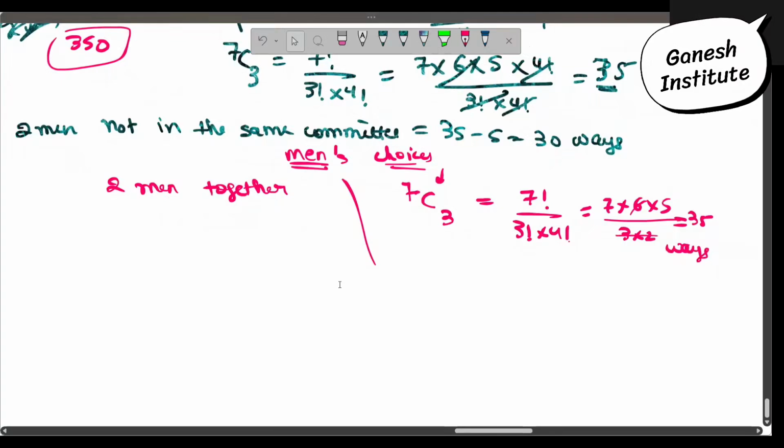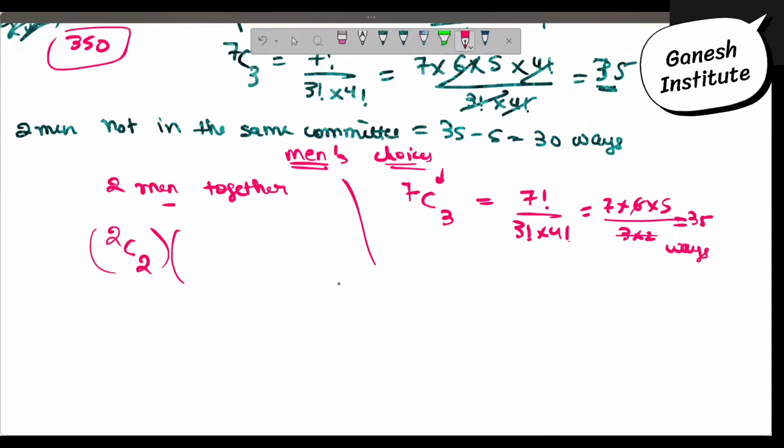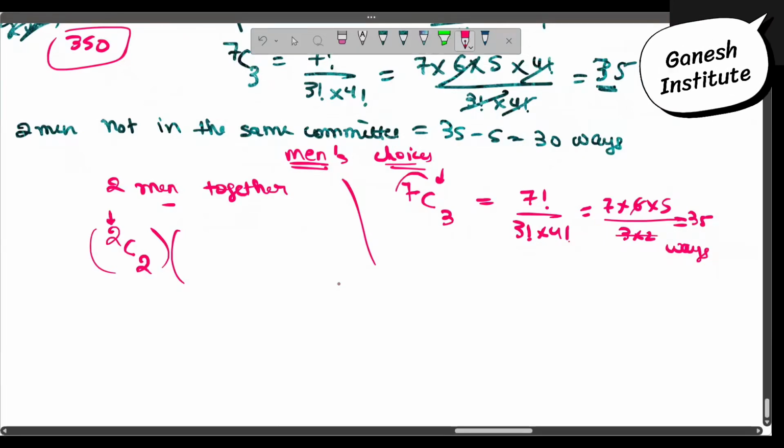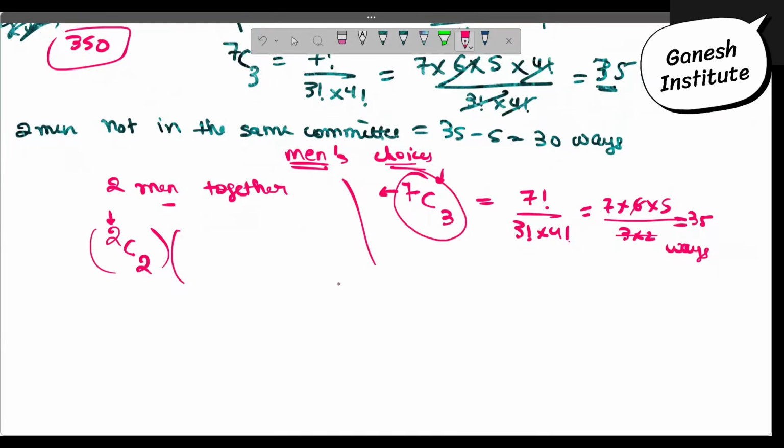So if you are keeping those 2 men together, you are choosing both of them together, then what are you left with? That means 2 are here, total 7 people. This is the 7C3. So 2 out of 7 are here. So how many are left? 5. 3 minus 2 are here, so how many is left? 1.